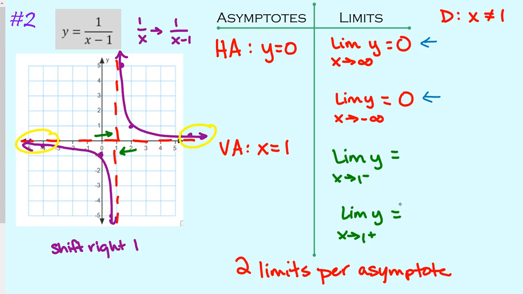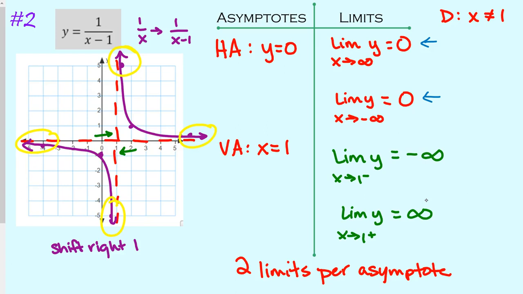So as x approaches 1 from the left, we're talking about this part of the graph. The y values are going down to negative infinity. And as x approaches 1 from the right, we're talking about this part of the graph, and the y values are going up to infinity.